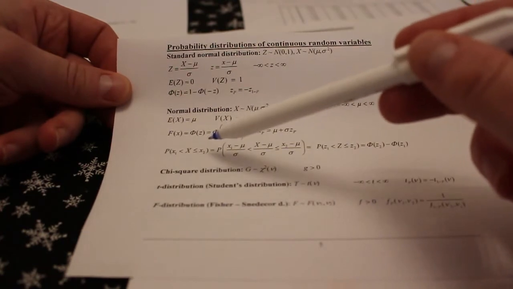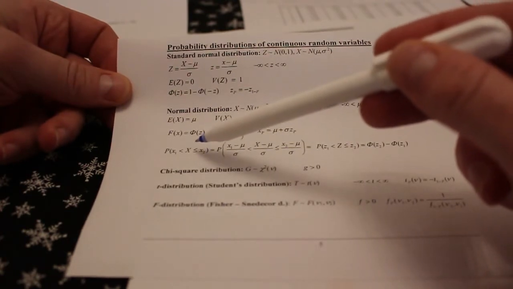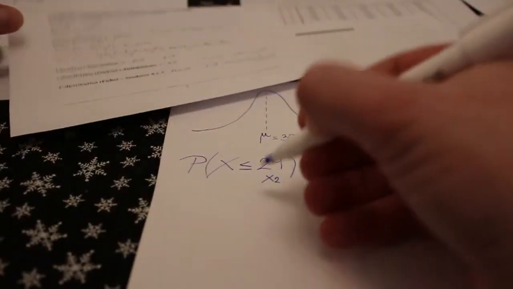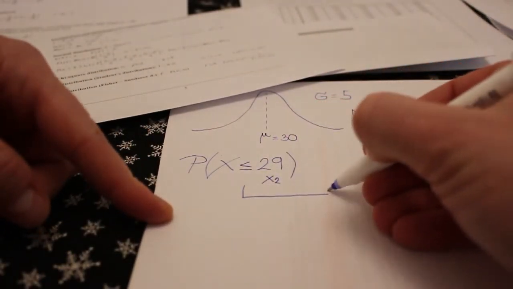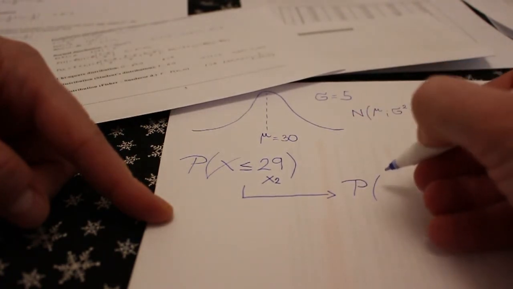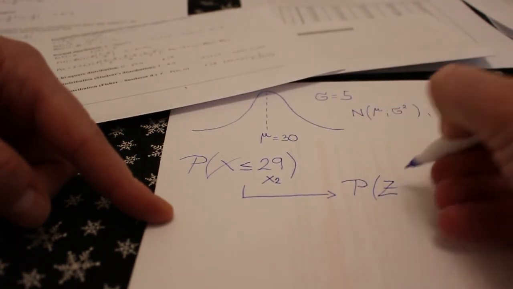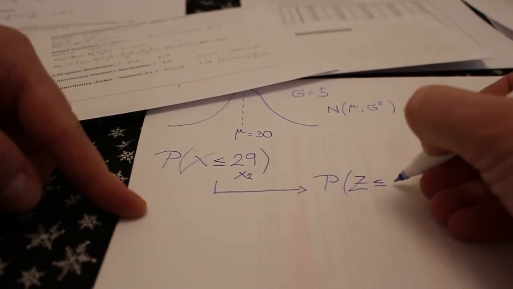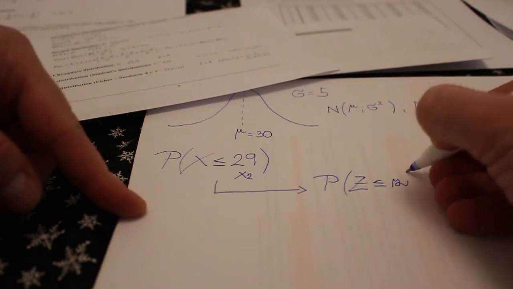We will standardize the random variable x to random variable z. So this will be recalculated like the probability that standardized random variable z will be smaller or equal to small z.